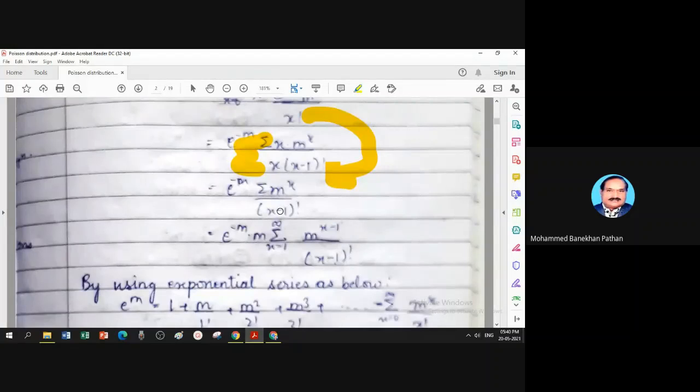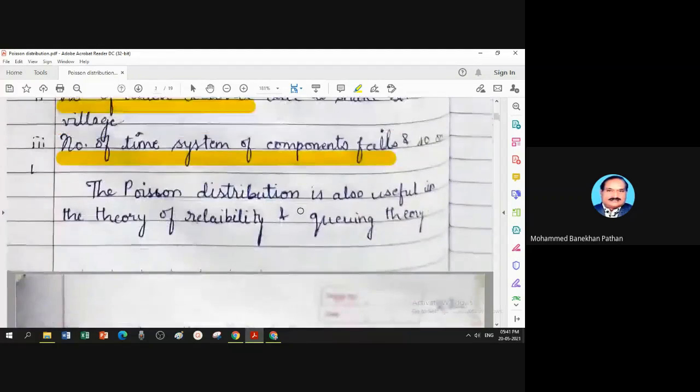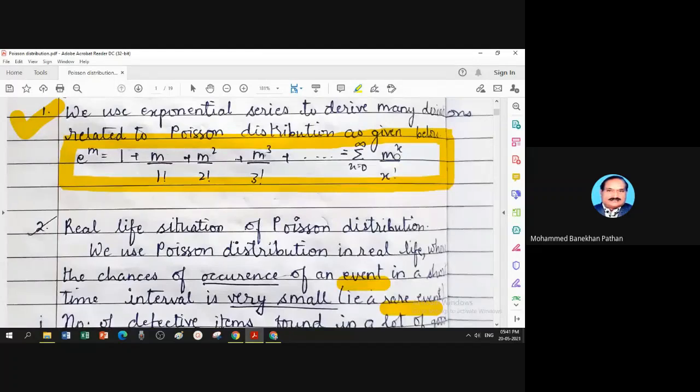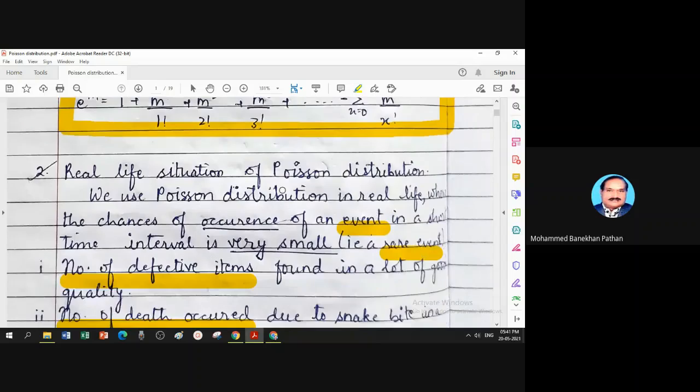Just now I told you, if you want to apply the exponential series, whatever constant is in the numerator with the power, that power should be in the denominator. That is not happening here. You can see m raised to x, and factorial x is down. So I will make an adjustment.